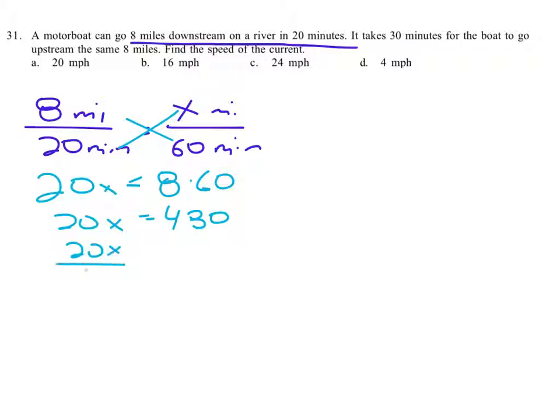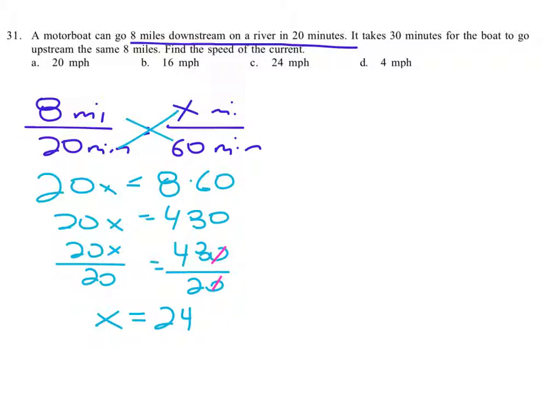Dividing both sides by 20, we get x equals, how do we do this? One way that you can do it is to cancel, first divide both by 10, and now you're really just doing 48 divided by 2, and that's easy. 48 divided by 2 is 24.